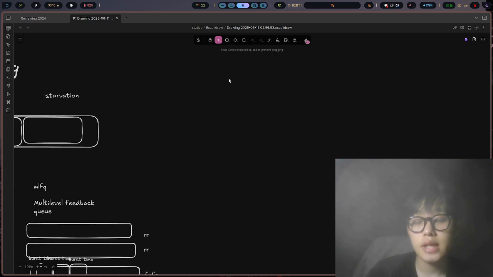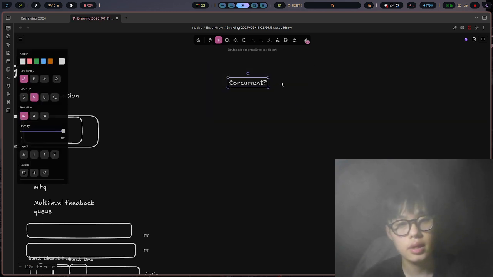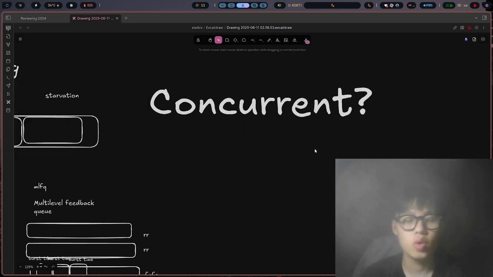We say there's something concurrent, but what do we mean by concurrent in computer architecture or operating systems? What I believe is that there's no definite concurrency even in the computer science world.